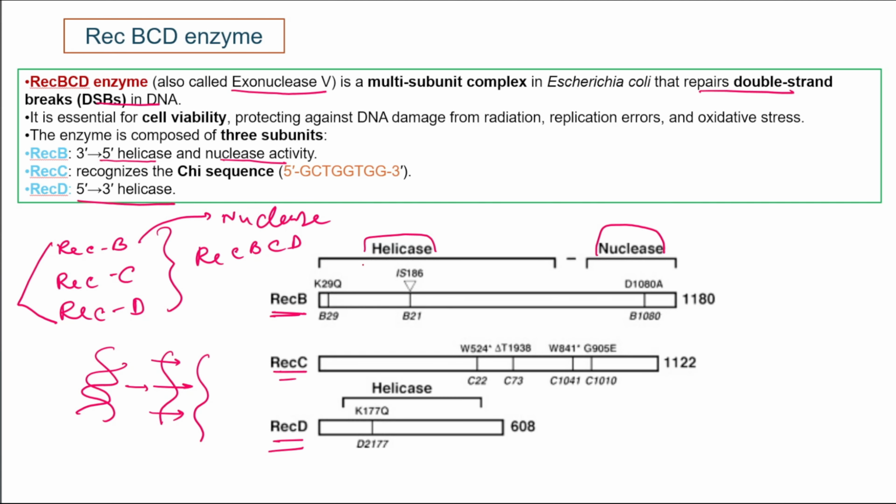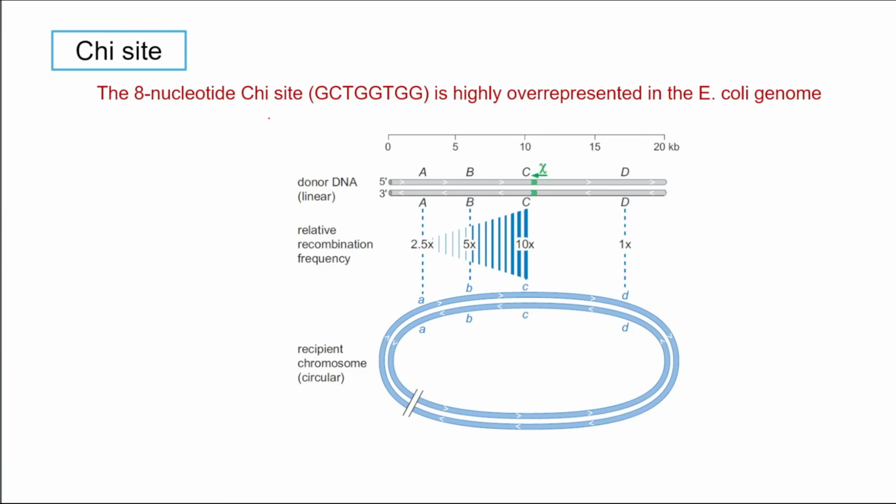That means RecB cuts the DNA strand, producing single-stranded fragments. Next, RecC detects the chi site, that is the 5' GCTGGTGG 3' site, and at the chi site RecBCD changes its cutting behavior to favor recombination instead of degradation.